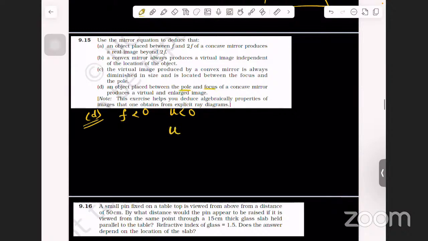So it should be less than the focal length, and again, it should be less than zero also because it's negative, right? So this is less than focal length, and both of them are negative. All right, so this expression is given in the question.